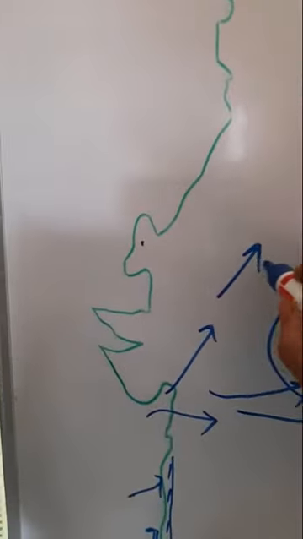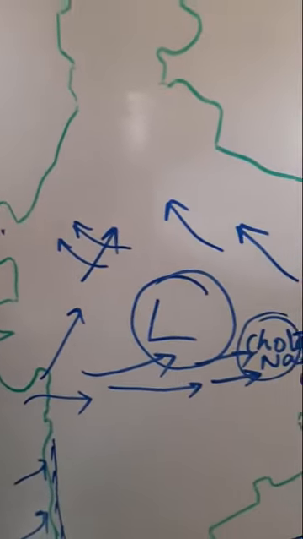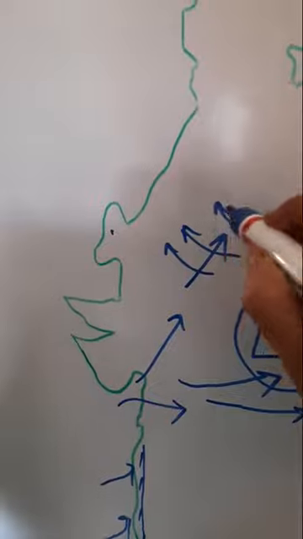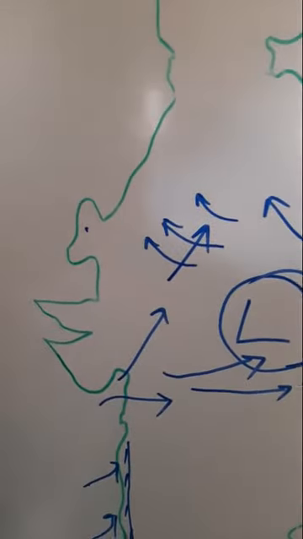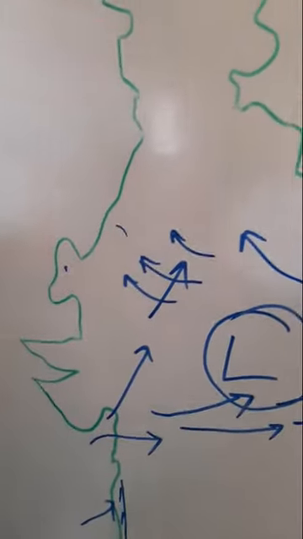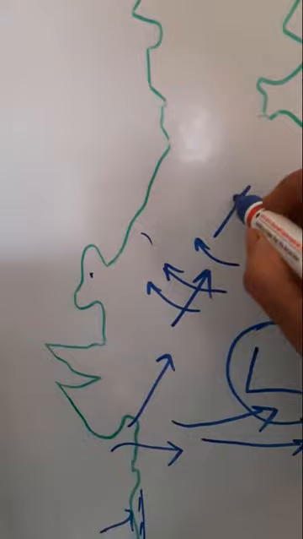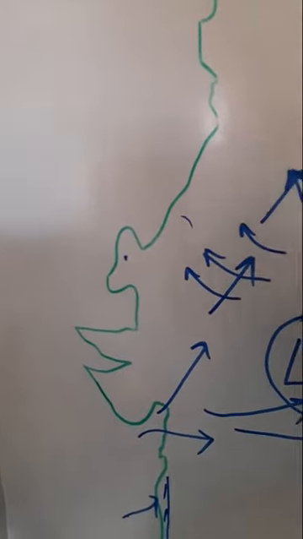A part of it gives rainfall to Rajasthan. Eastern Rajasthan gets some rainfall, and some rainfall also occurs in this part of Rajasthan, though it is very, very less, but it gets rainfall. Both of them merge close to Delhi.